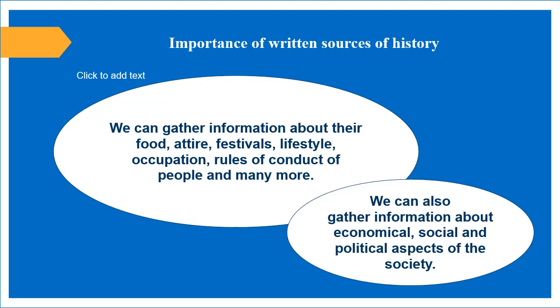We can know about the attire, what people used to wear, and we can know about festivals, lifestyle, occupation, what occupation do they do, farming करते थे कि क्या करते थे. Apart from that, we can also gather information about their economical status, social and political aspects, कि लोगों को टैक्स भरना होता था कि नहीं वो टाइम पे, और लोगों को मनी का करेंसी कैसा होता था, कॉइन्स वर मेड अप ऑफ which metal, gold, silver, etc.